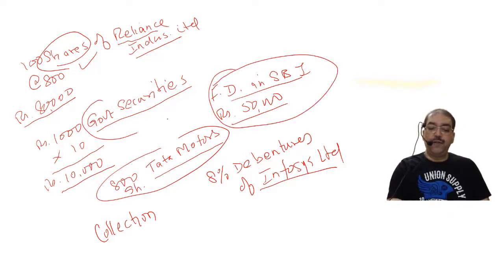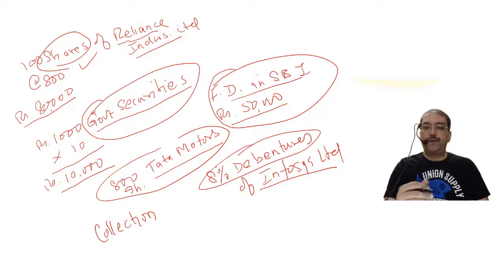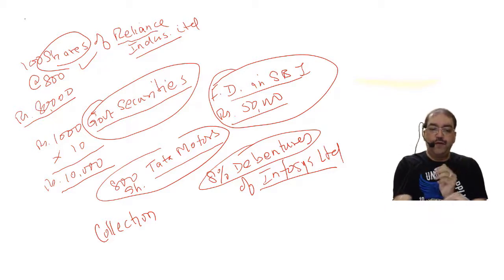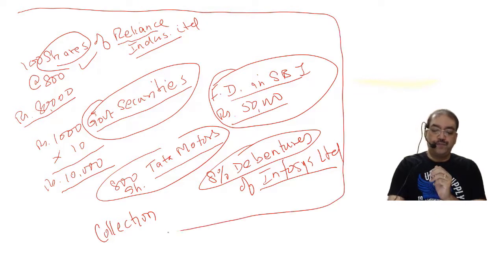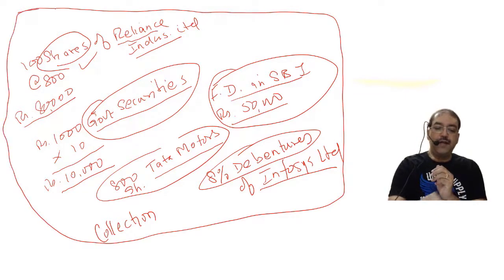It is made up of government securities. It is made up of debentures. Different types. So I'm having a collection of shares, debentures, government bonds, fixed deposits. This collection that I'm having of all investments, this entire thing, I will call it as my portfolio. This entire thing is called as my portfolio.